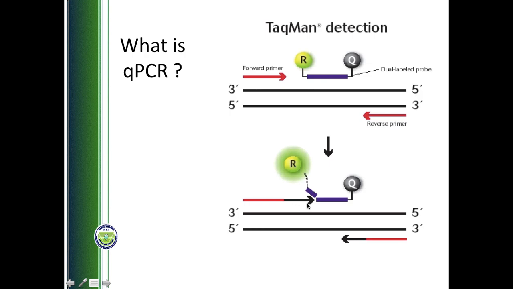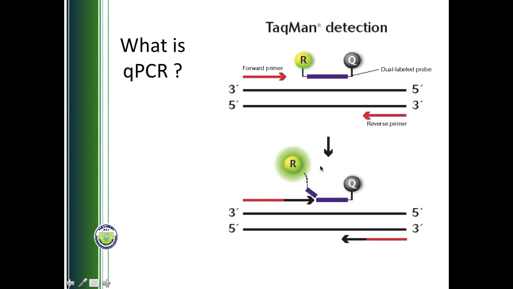The purple color probe, on its 5' end, is bound with a fluorescent dye labeled here as R. On the 3' end, the same probe is bound with another dye known as the quencher. The job of the quencher is that it will not allow the dye R to release fluorescence when it is nearby. So when in the upper figure the dye R and quencher Q are together on the purple color probe, there is no signal from the dye R.